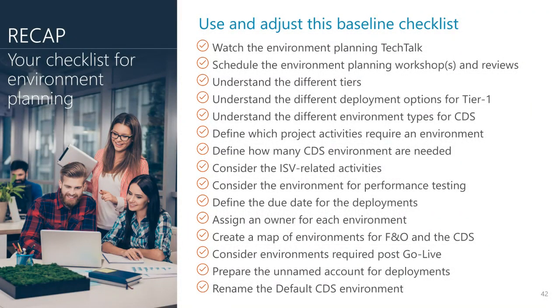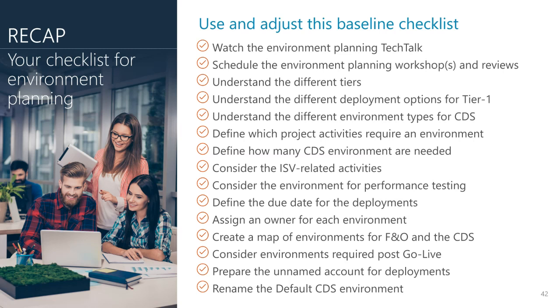So here you can see this is a sample checklist that you can leverage in your real project. You can customize the content based on the real project needs to assess your knowledge and help you on the environment planning.